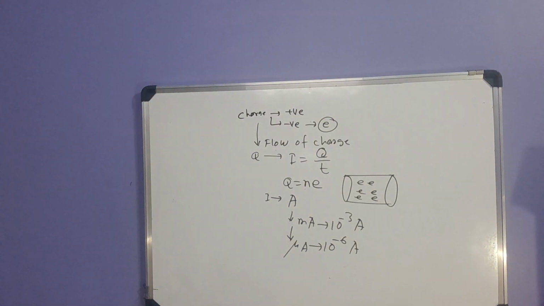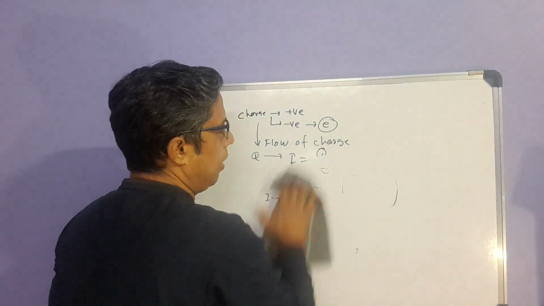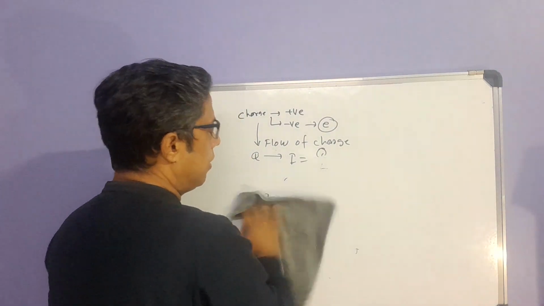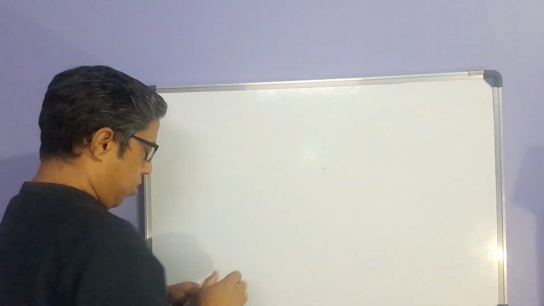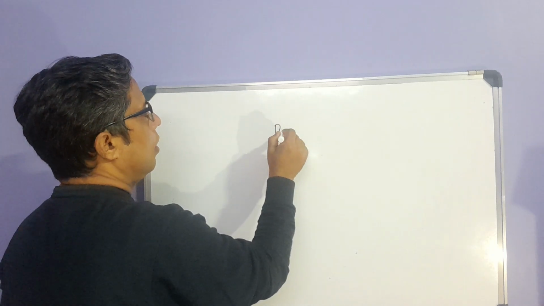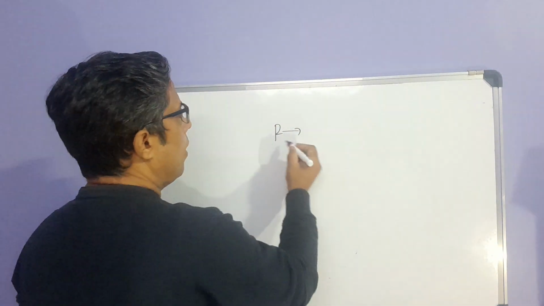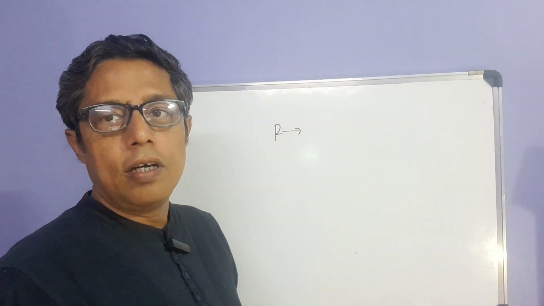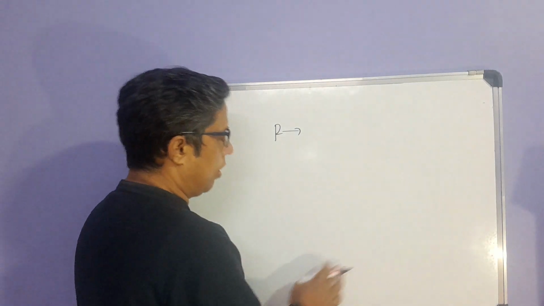Whenever we say collision, that is the cause of resistance, right? Now, the next part is, what is resistance? Resistance is the obstacle offered by the conductor to the charges.